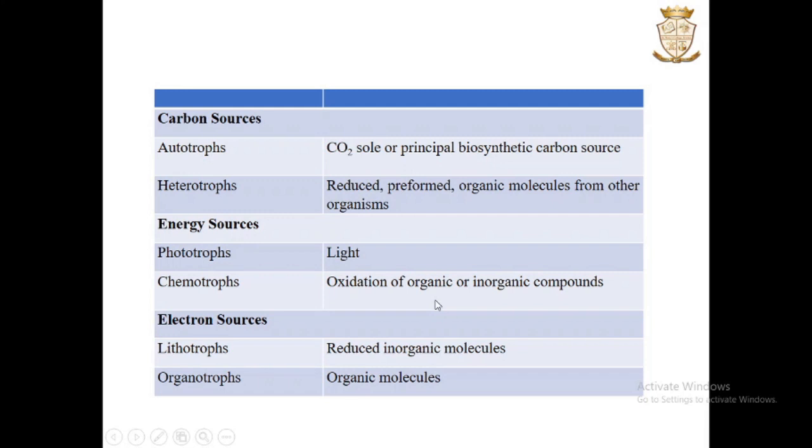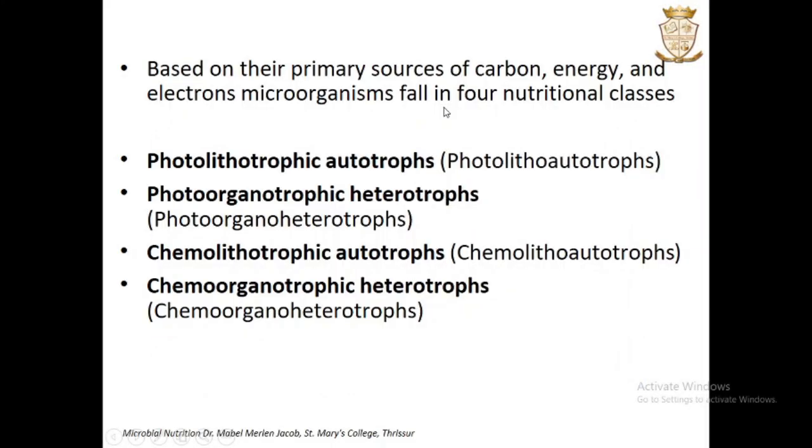Based on electron source, lithotrophs, or rock eaters, use reduced inorganic molecules, and organotrophs obtain electrons from organic molecules. Based on the primary sources of carbon, energy and electrons, microorganisms fall in 4 nutritional classes.